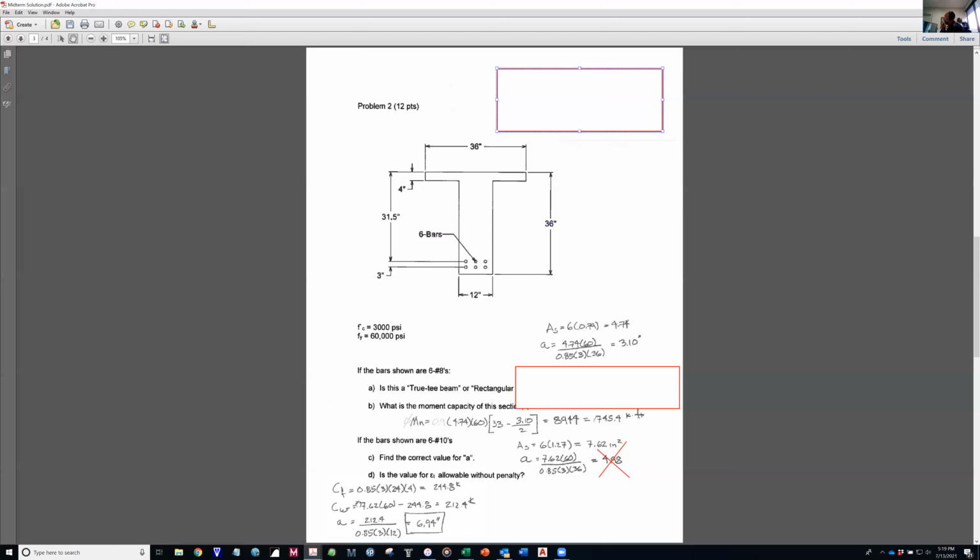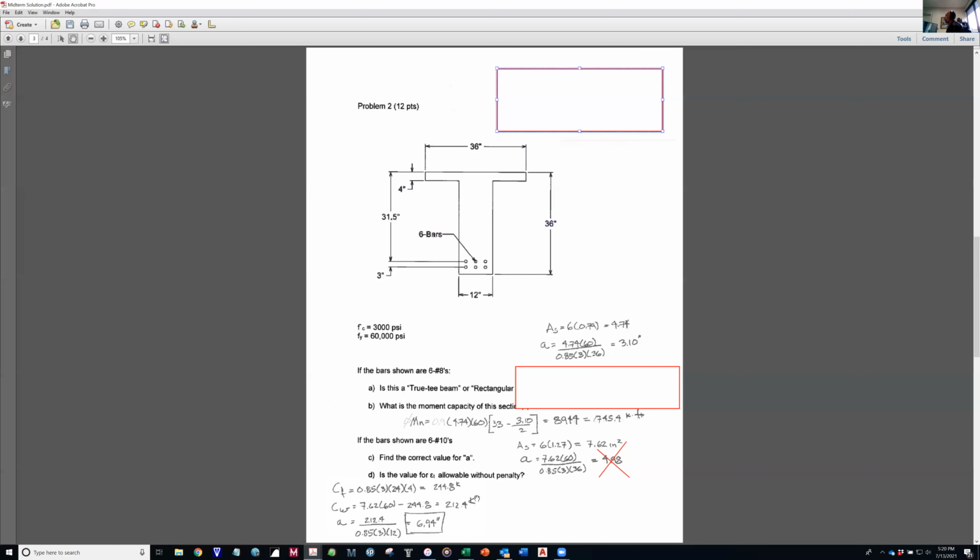The force in the flange is 0.85 f'c, or 0.85 times 3, times the overhanging width. So 36 minus 12 is 24, times the thickness of the flange, which is 4 inches.